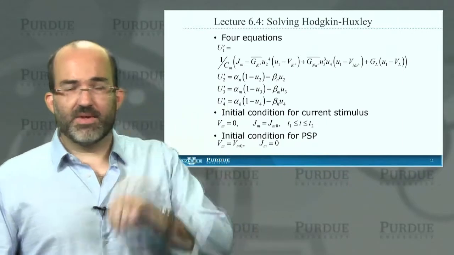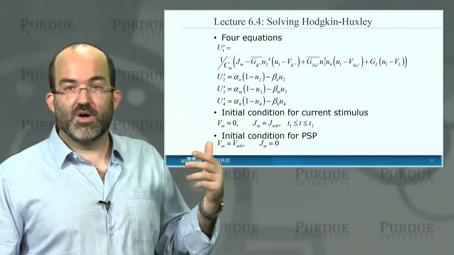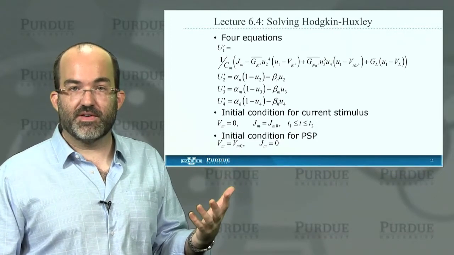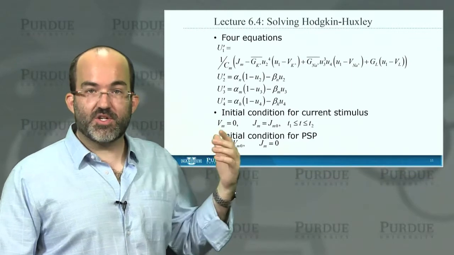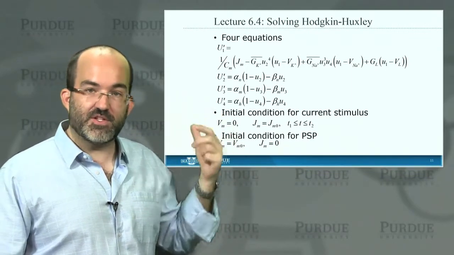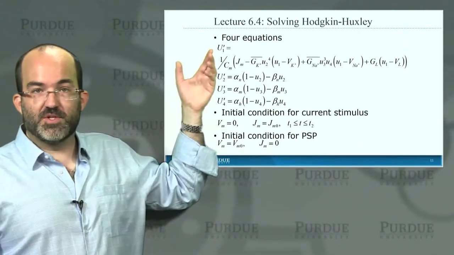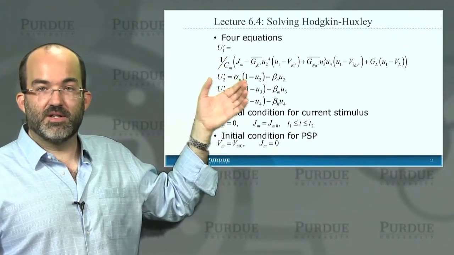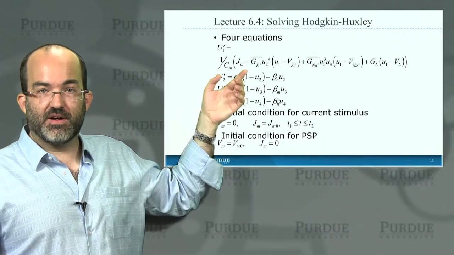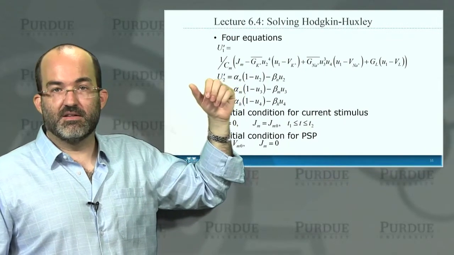So again, we have 4 equations, and we're going to define them as U1 prime, U2 prime, U3 prime, and U4 prime. Those are our 4 variables, Vm, N, M, and H. And then we have the equations which relate the first derivatives of each of those variables to the other variables. So U1 prime, which is equivalent to Vm prime, is going to be equal to 1 over Cm times Jm, the membrane current, minus the sum of all the other currents, the resistive currents in the cell.